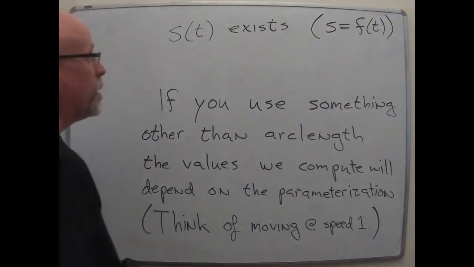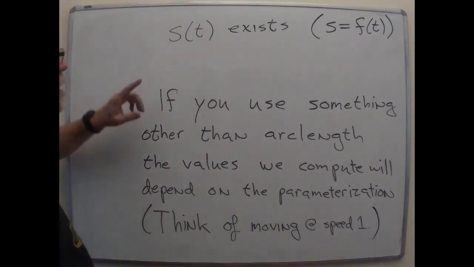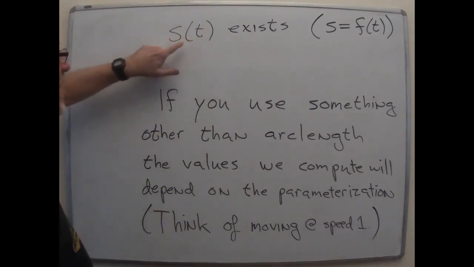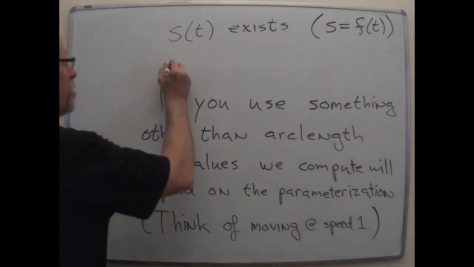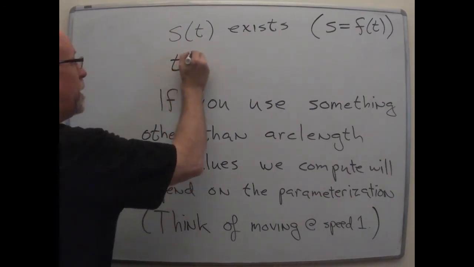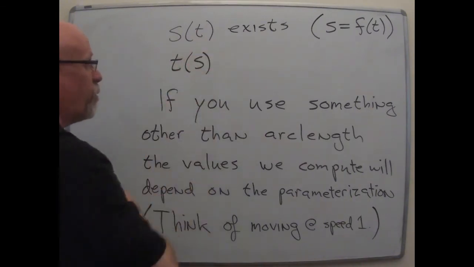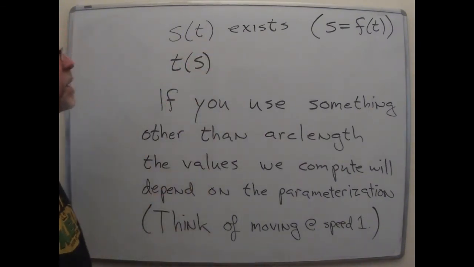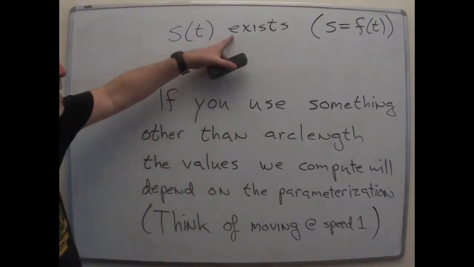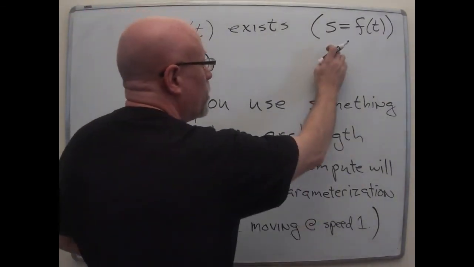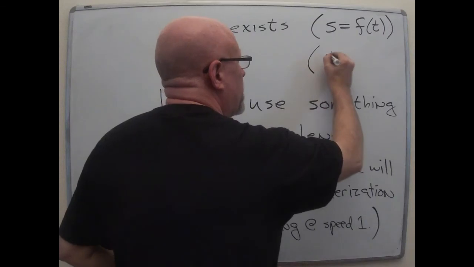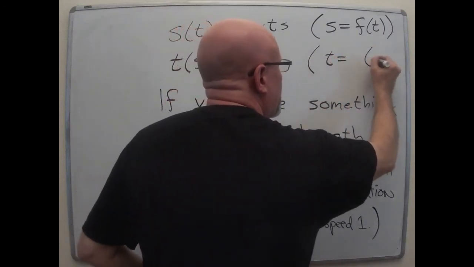But what if you want to go from t to s? I guess I want to write a function that looks like this: time as a function of how far along the curve we are. And that exists too. What if I wanted to have t equals something of s?